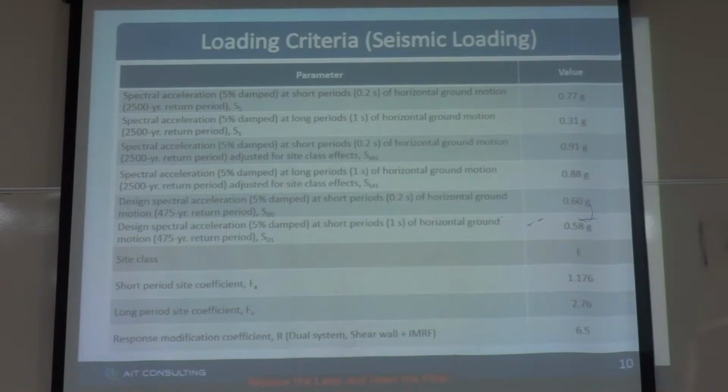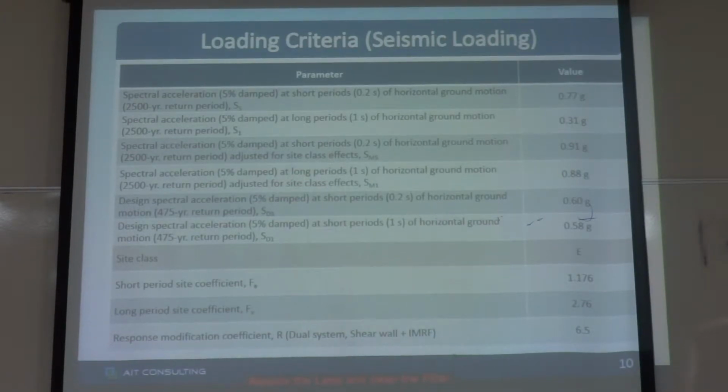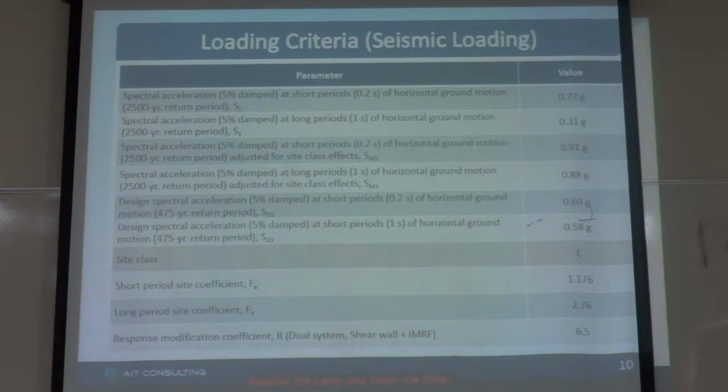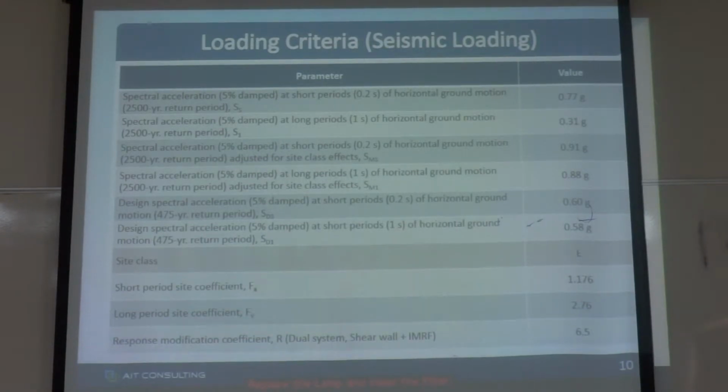are these parameters reliable? The code generates only up to 2 seconds, and then for the higher natural periods, 3 seconds, 4 seconds, 5 seconds, it has an equation to estimate those parameters. So normally the codes are developed for low-rise and mid-rise buildings, approximately 10 to 15 stories.